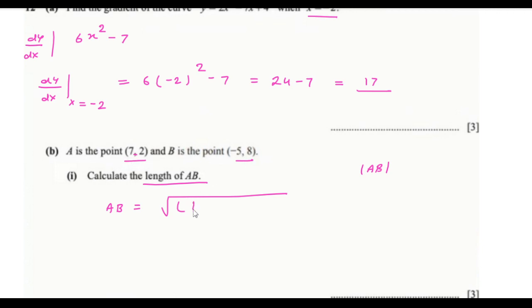So 7 plus 5 is 12, and the difference of y coordinates is 2 minus 8, which is minus 6. So 12 squared plus (-6) squared. So 144 plus 36.